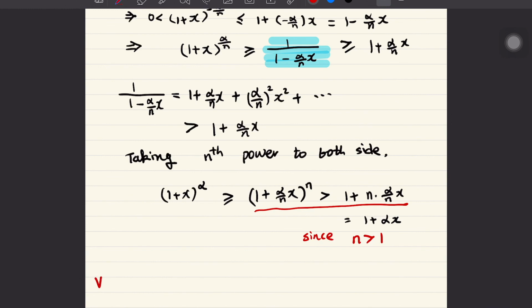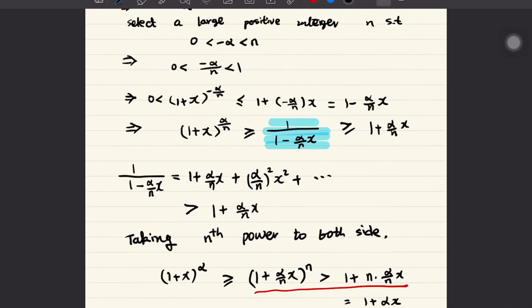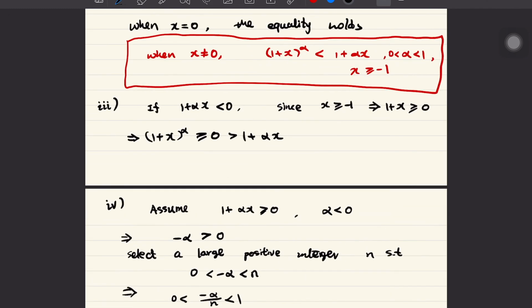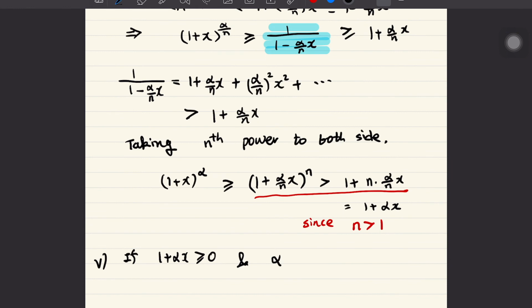Okay, the fifth one is if 1 + alpha x is greater than or equal to 0 and alpha is greater than 1.